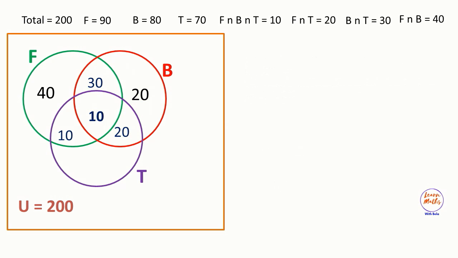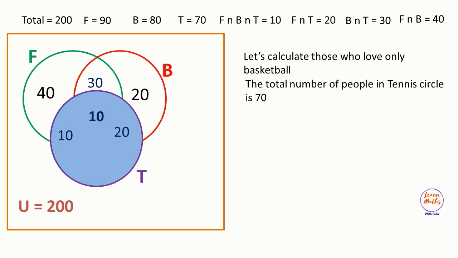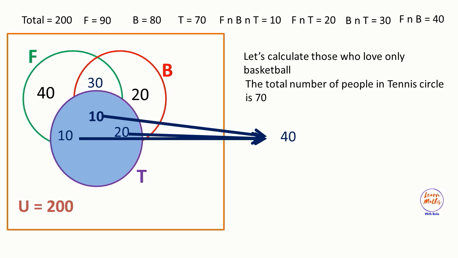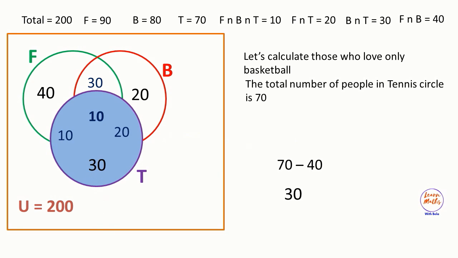Then we'll go on to tennis and we'll do the same thing. So those who love tennis and at least one other sport is going to be 10 plus 10 plus 20, and that is 40. So we'll have 70 minus 40 and that will give us 30. So we'll put in 30.